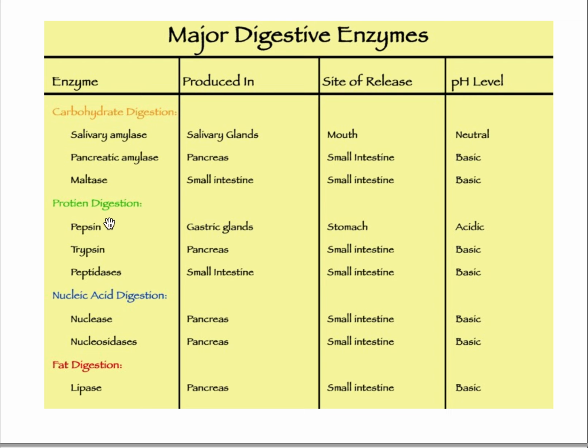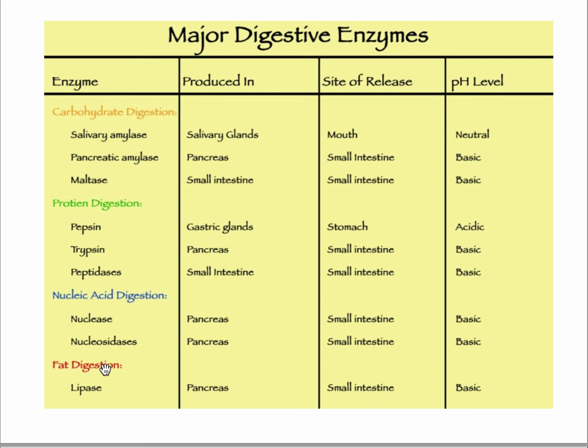And pepsin, this is a protein digesting enzyme. This is produced in the gastric gland and works in the stomach, so in acidic pH. Trypsin is produced in the pancreas and works in the small intestine in basic pH. Peptidase is produced in the small intestine and works in the small intestine in basic pH. For nucleic acid digestion, nuclease and nucleosidase are produced in the pancreas and released in the small intestine, and work in basic pH.